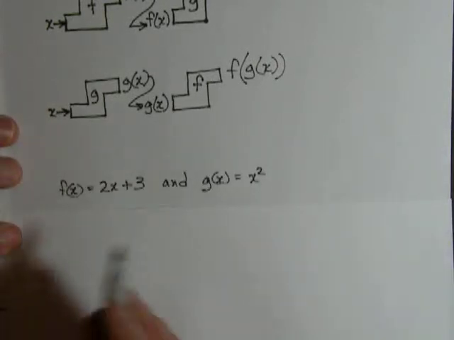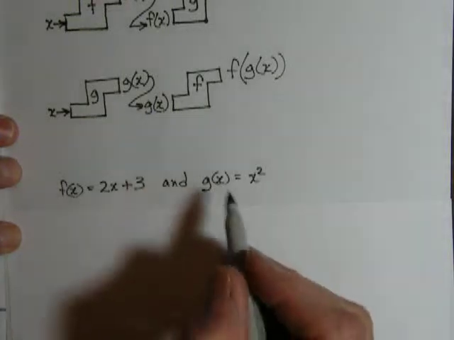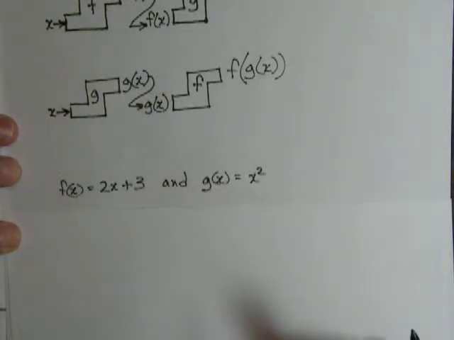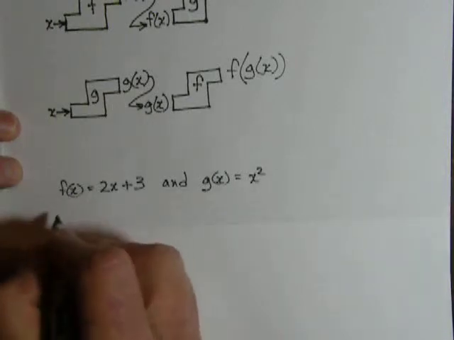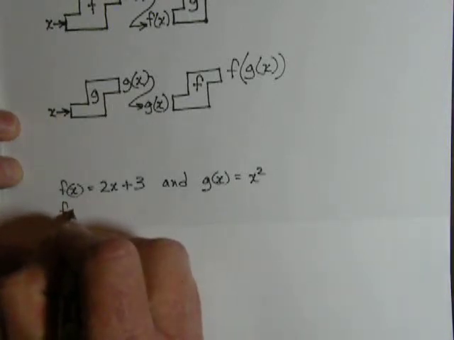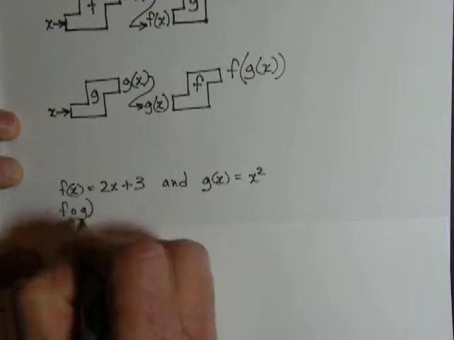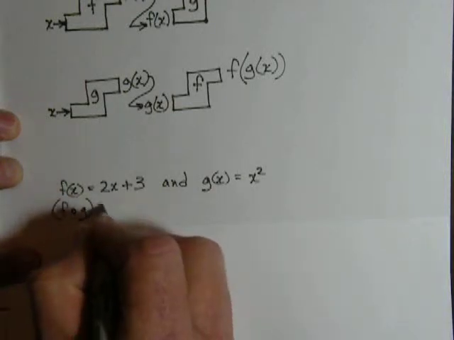Suppose we have f of x equals 2x plus 3, and g of x equals x squared. Now, what we're going to do is find f circle g of 3.